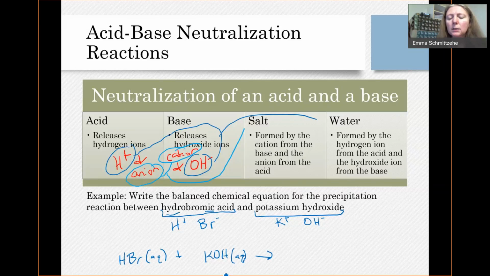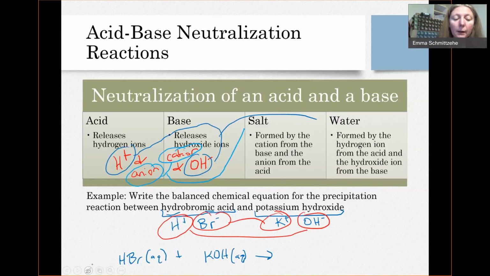And so then to figure out the products of that, you go through the same processes you do for precipitation reactions or any other double displacement or double replacement reactions. You take the cation of one, combine it with the anion of the other, right? And then the remaining cation and anion come together, okay?